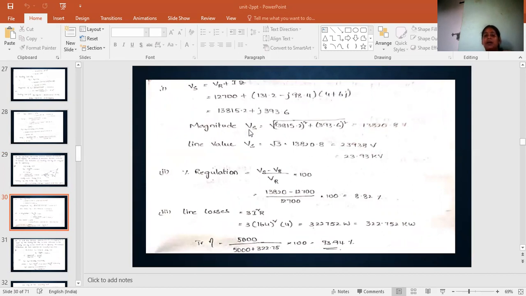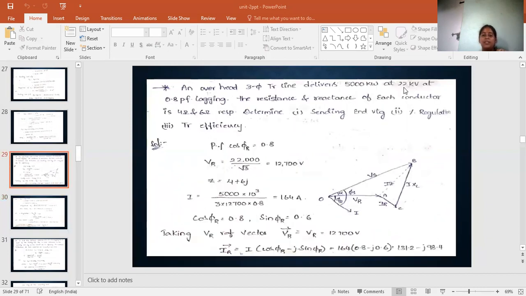And for the line value, Vs equal to root 3 into this value. For the phase we calculate root 3 into 13,820, and we get the Vs value, that is 23.93 kV. Here Vs equal to 23.93 kV and Vr equal to 22 kV.